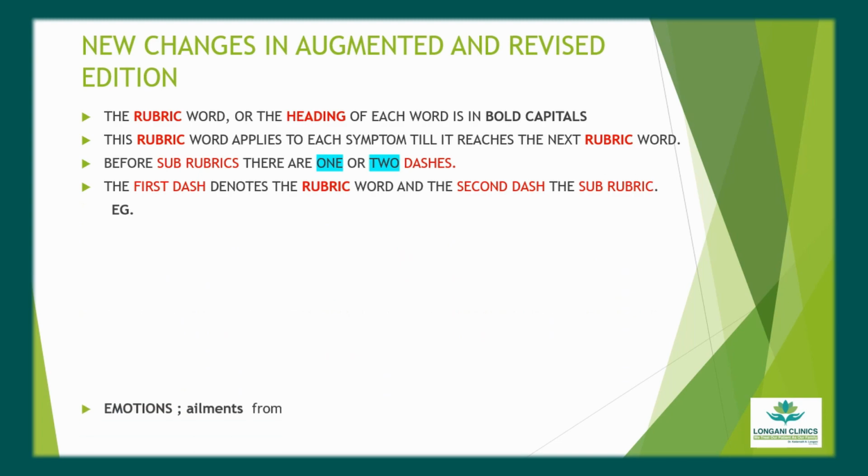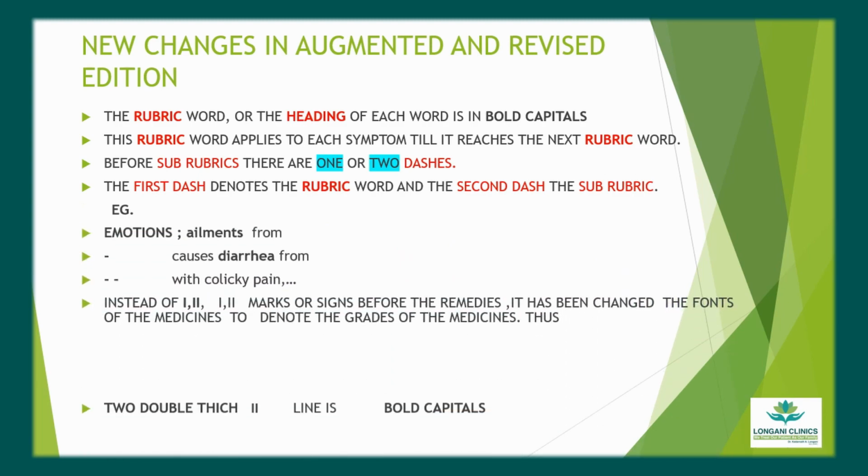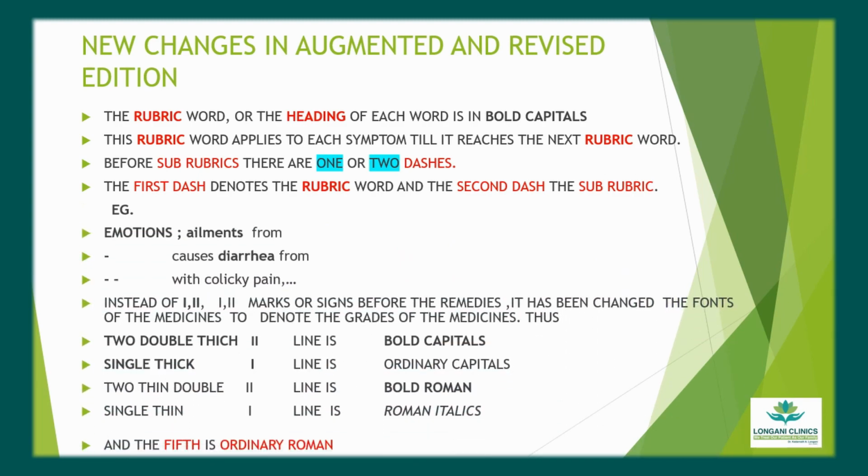New changes in the augmented and revised edition. The rubric word, or the heading, is in bold capitals. The rubric word applies to each symptom till it reaches the next rubric word. Before sub-rubrics, there are one or two dashes.